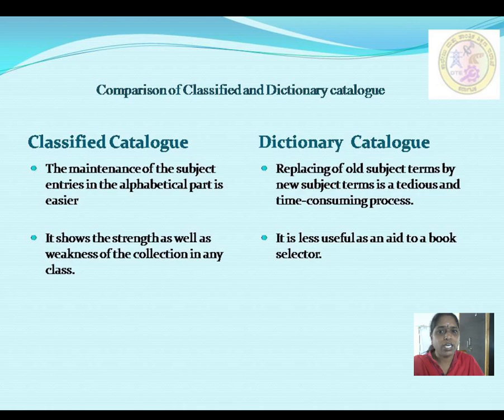When you look at the classified part of the catalog, as I told you, all the subjects and their related books are arranged according to the scheme of classification in one particular place. So from the general to the specific number of that particular subject, all the books are arranged in one particular order, in one particular place.